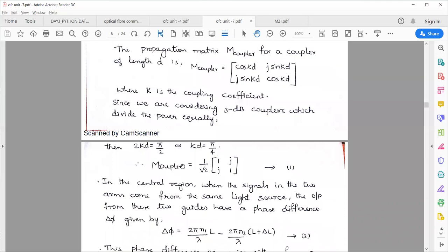This is how the propagation matrix of the coupler looks, written in terms of the complex quantity j.